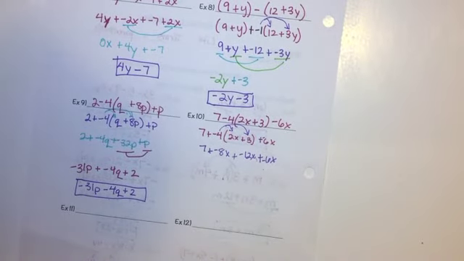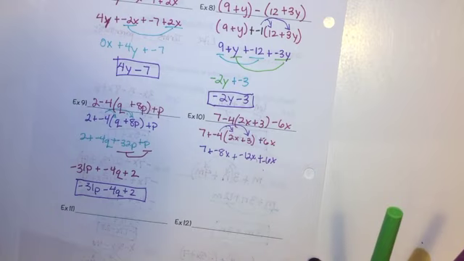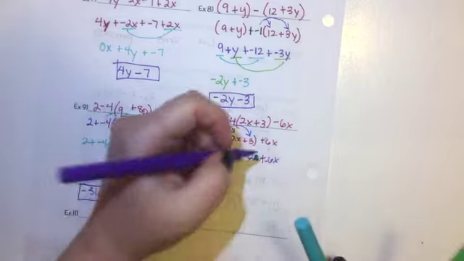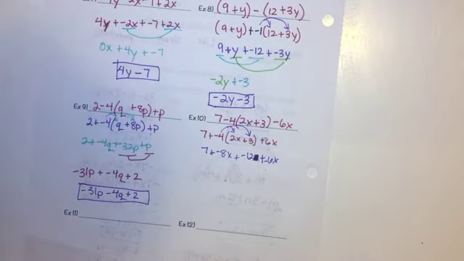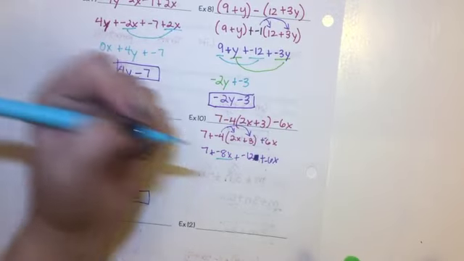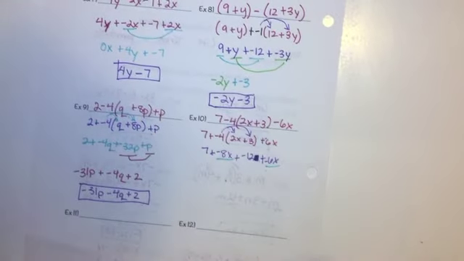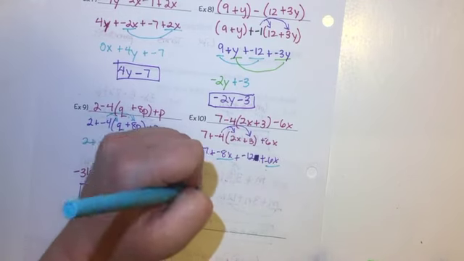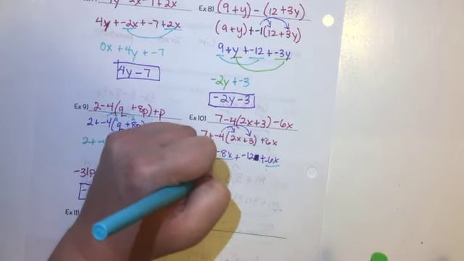Now I can go ahead and identify my like terms. There should not be an x here. I'm sorry. Let's get rid of that. That should just be a negative 12. Okay, so now if we go through and combine our like terms, we've got negative 8x and negative 6x. If I combine those together, negative 8 plus negative 6 is negative 14x.